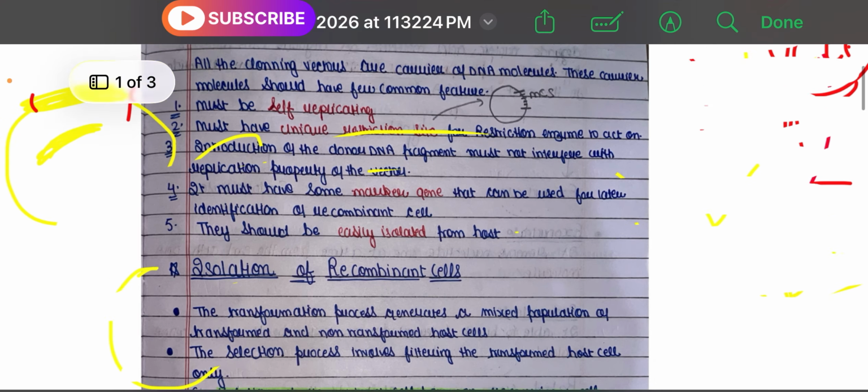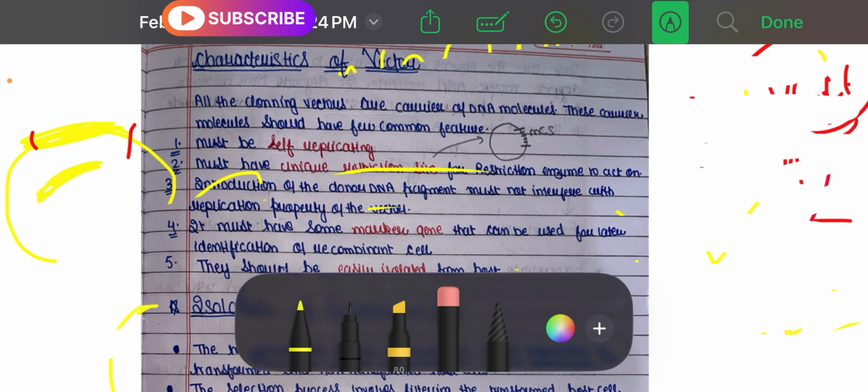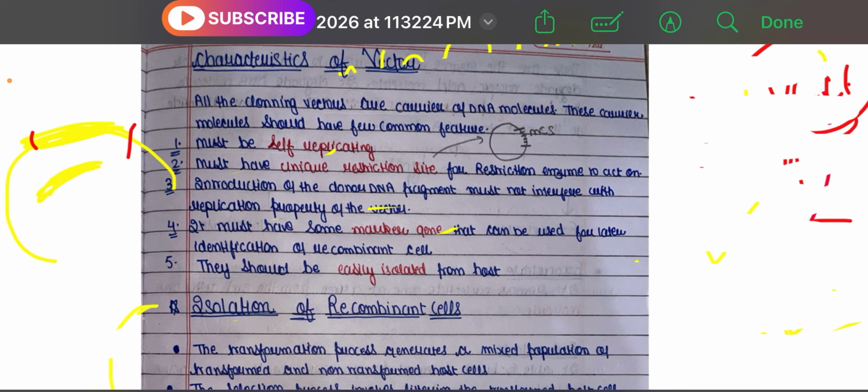The very first property is that it must be self-replicating, and it must have the unique restriction enzyme site, not interfere with the property of the vector, have the marker gene, and be easily isolated. Clear? Once again, I am going to repeat all the properties.